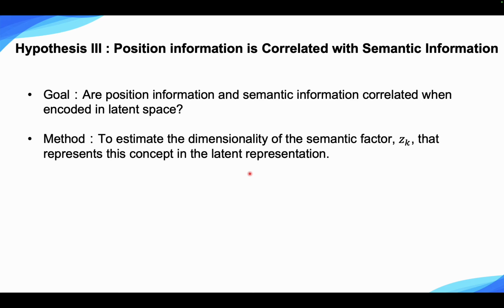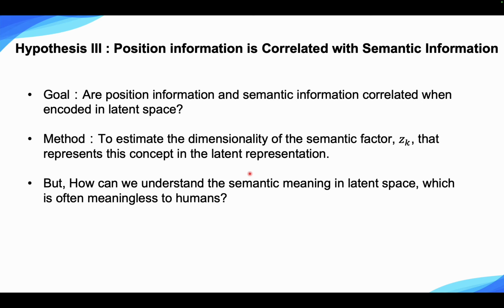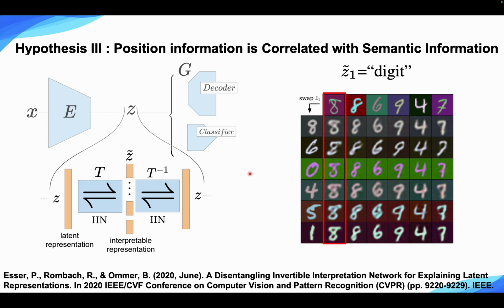The method is to estimate the dimensionality of semantic factor zk that represents this concept in latent representation. But how can we understand the semantic meaning in the latent space, which is often meaningless to humans? By using the method proposed in this paper, we can transform the latent representation into an interpretable representation.